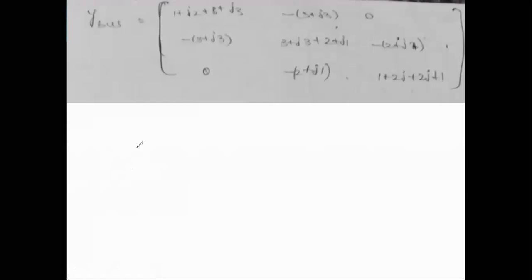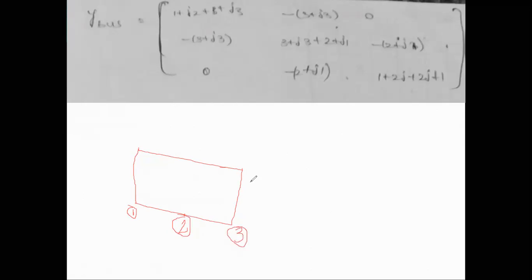This is the given network. This is the first node, this is the second node, this is the third node, this is the fourth node, and this is the fifth node.